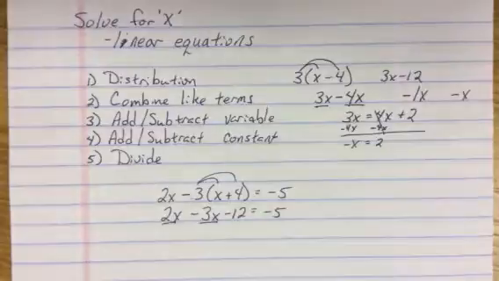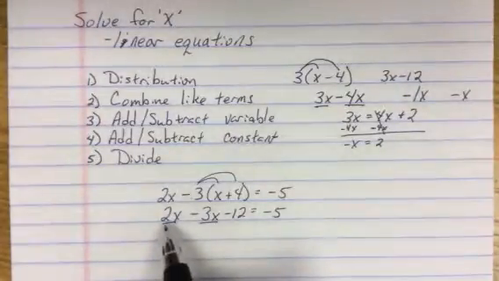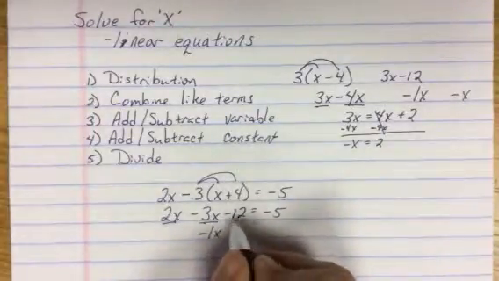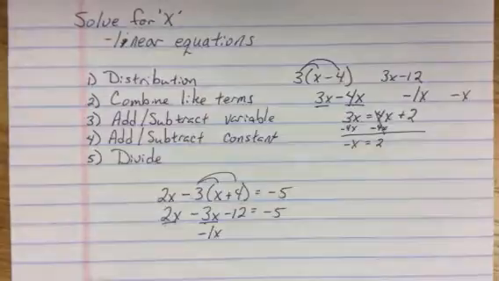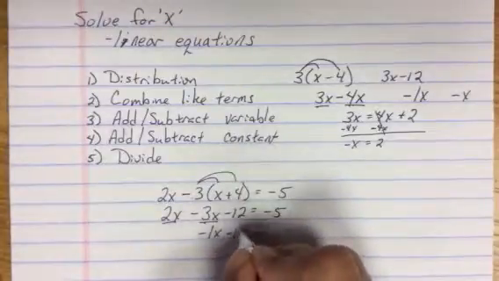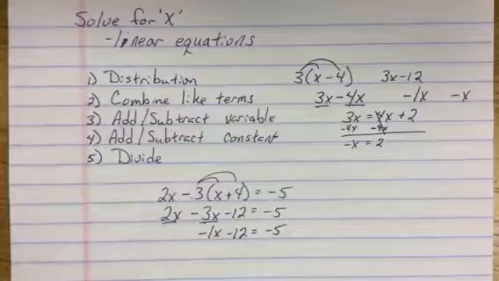This and this is combining like terms. There is not an equal sign between them. So I have a 2x minus 3x gives me a negative 1x. This is not combining like terms, even though they're both constants. They are separated by the equal sign. So I drop the 12, the equal sign, and the negative 5.